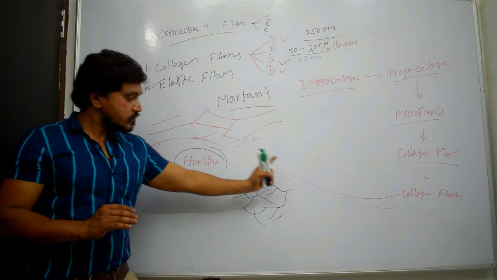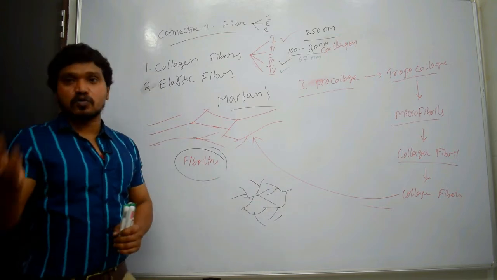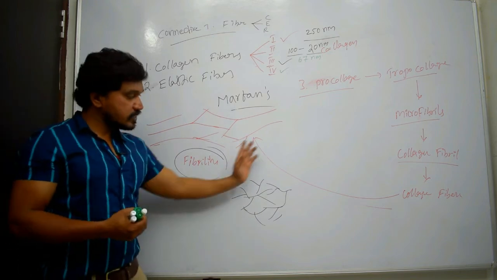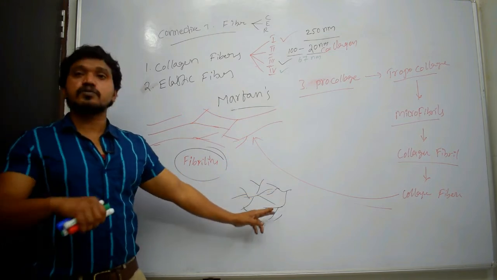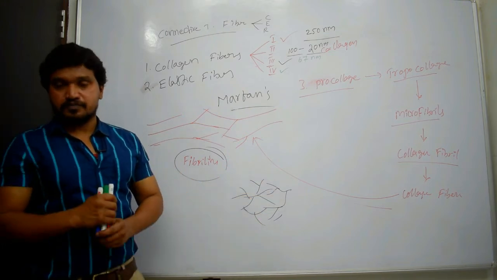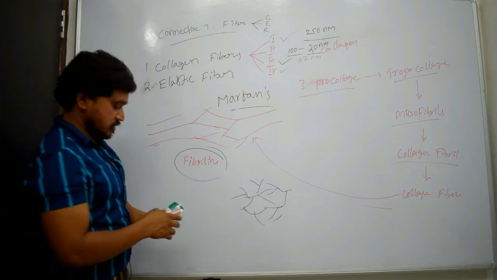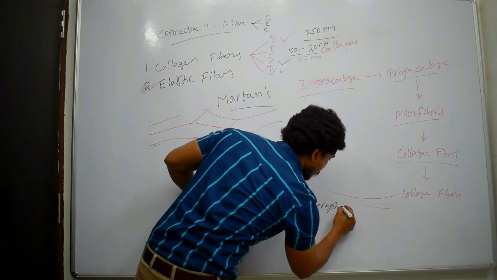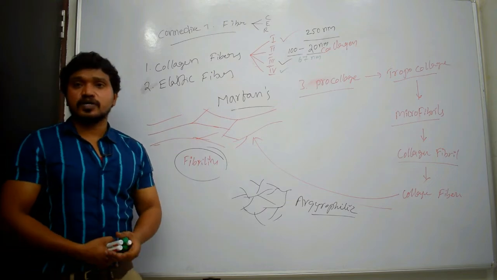Whenever we treat these fibers with silver salts, they convert into brown color, because of their high carbohydrate content. Because of that, these fibers are called argyrophilic fibers. That is about reticular fibers.